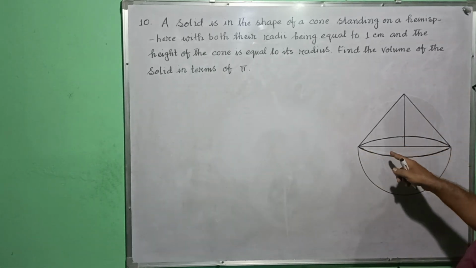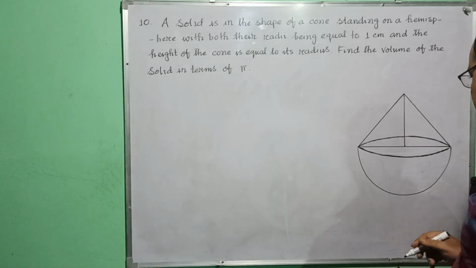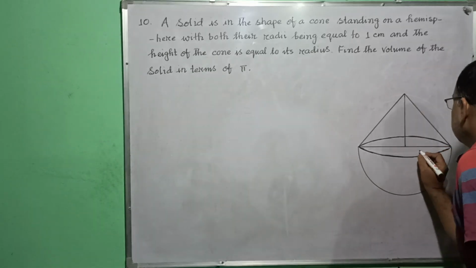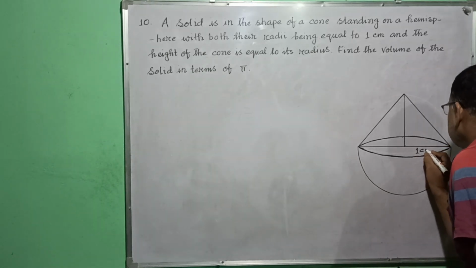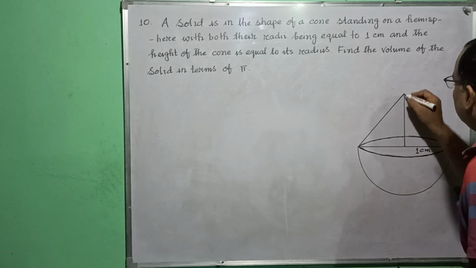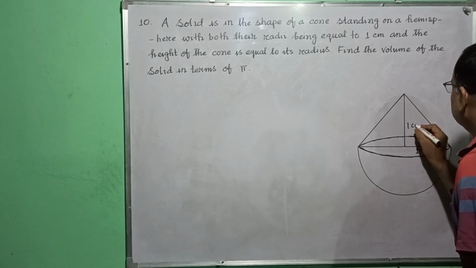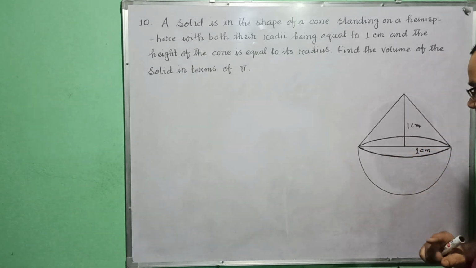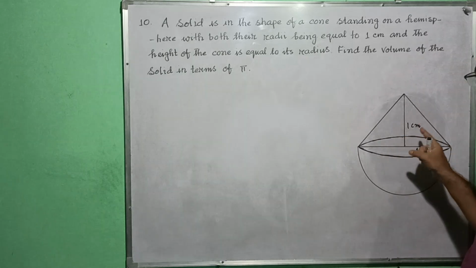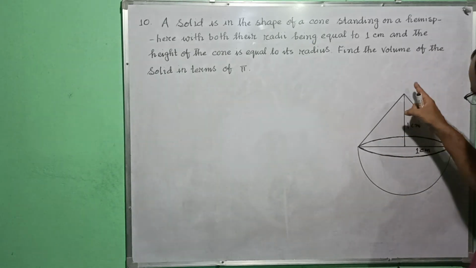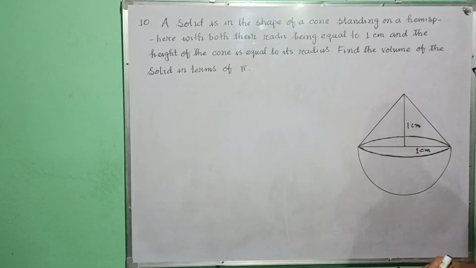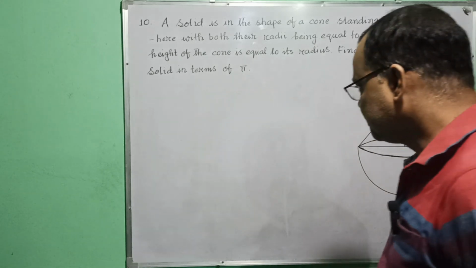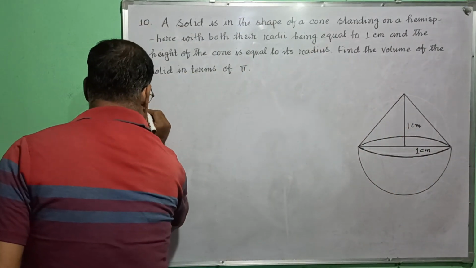This is the hemispherical part and this is the conical part, and as it is given the radii being equal to 1 centimeter, it means the radius of the hemispherical part is also 1 centimeter, and the radius of the base of the conical part is also 1 centimeter, and the height of the cone is also 1 centimeter. Now we have to find the volume of the figure in terms of pi. So let us start.